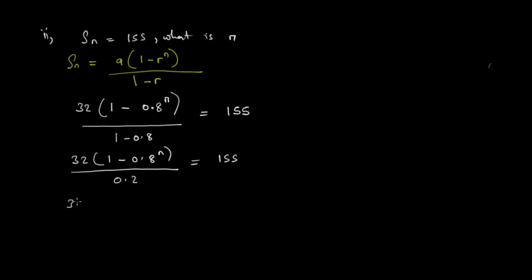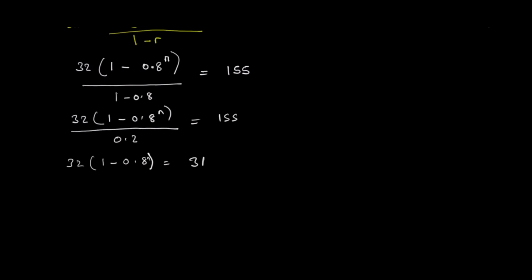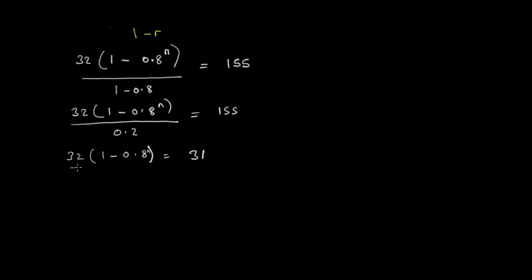Saka tichati 32 1 minus 0.8 to the n is equal to, what is 155 times 0.2 cross multiplication di 31. Then tadaro toda kuti kuno kusare kuine bracket iro, sati kadivide na 32 kuti ma 32 achekane. Saka 1 minus 0.8 to the power n iri equal to 31 over 32.